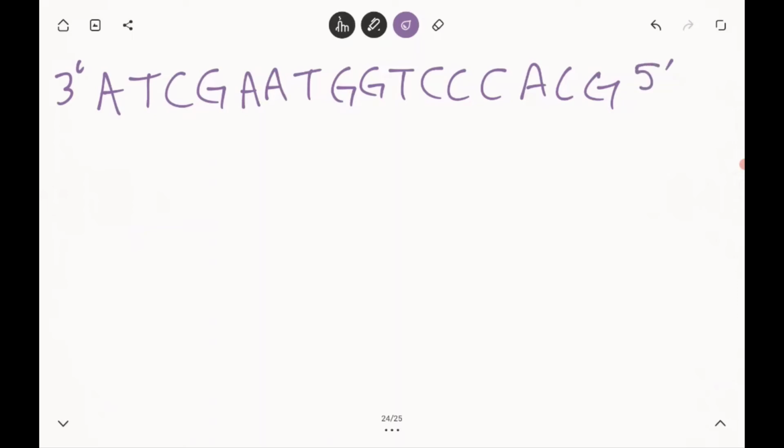Remember that 3' and 5' is just the orientation of that molecule, of our nucleotide, right? So on the other strand of DNA, we're going to use this one as our template strand. This one here is going to be our template strand, right? The other strand of our DNA would be running 5' to 3'.